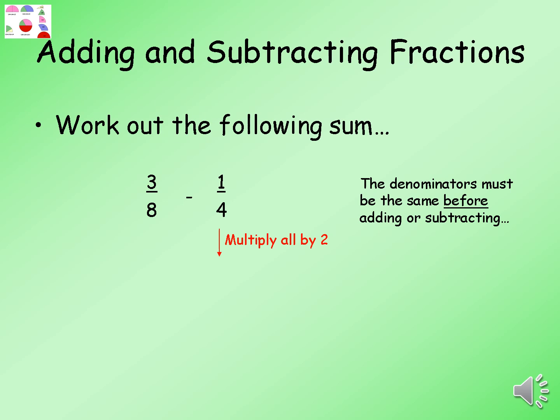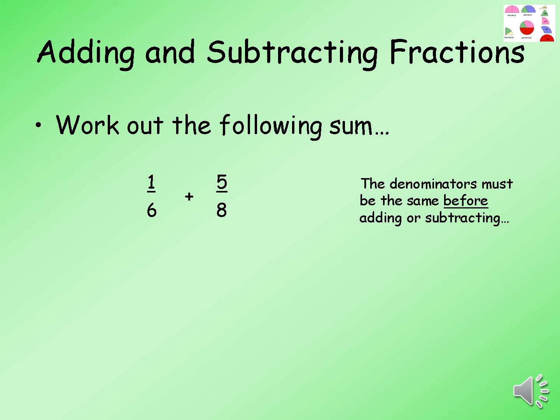So because it's 8, the other side stays the same, and this side with 1/4 has to change because we multiplied 4 by 2 to get 8. Therefore we multiply the top number 1 by 2 to get 2/8. So the answer here is 3 take away 2, which is of course 1. So the answer is 1/8.